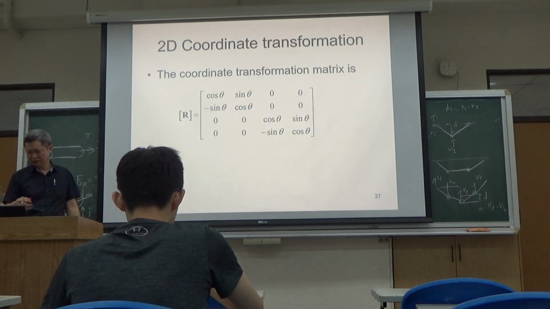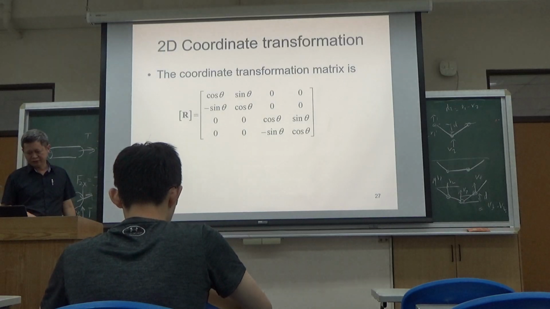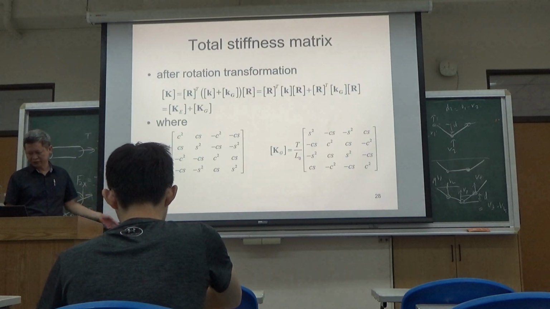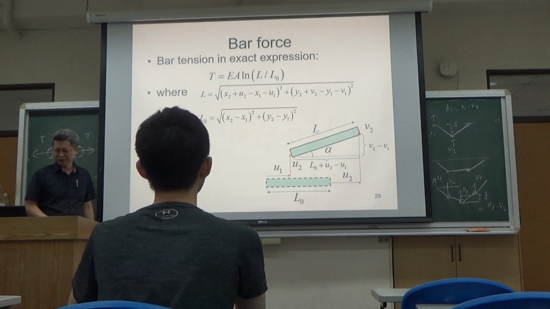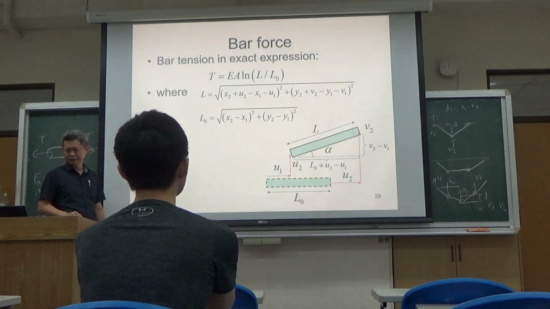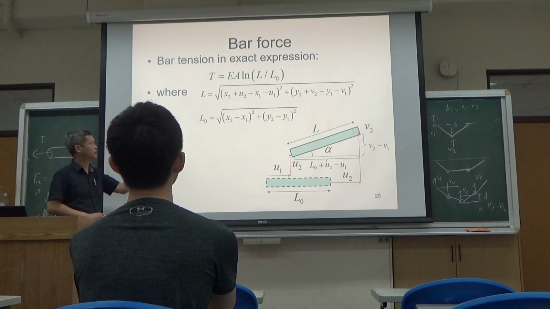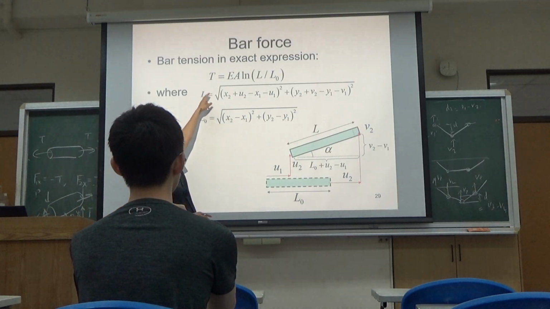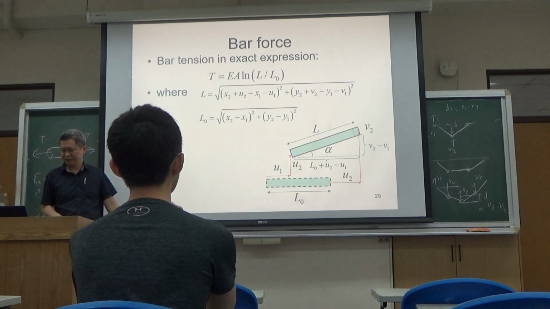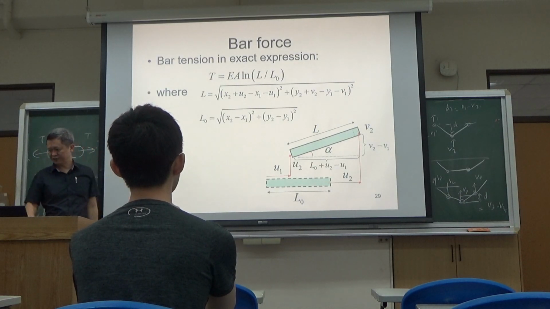Then how about the rotational matrix 2D? 2D says what you did. And then now, how much is the tension? The tension in the bar, you can do the nonlinear integration to find out this EA along starting length, final length divided by starting length, final length expressed here.